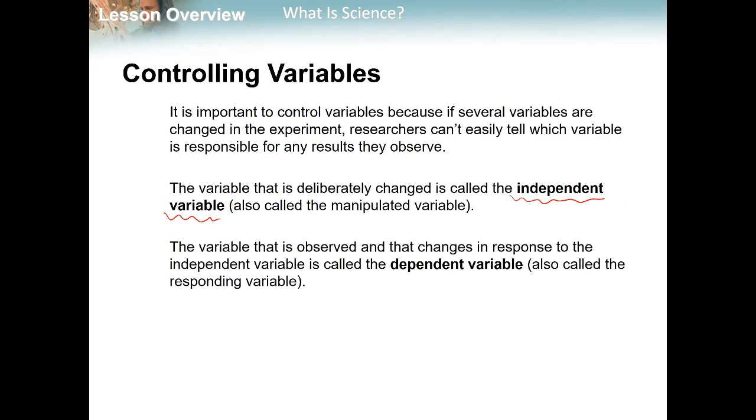And you might hear that referred to as manipulated variable. For me, I tend to say manipulated more than independent, because when you manipulate something, you're changing it. So the manipulated variable is what is going to be deliberately changed. What am I changing?